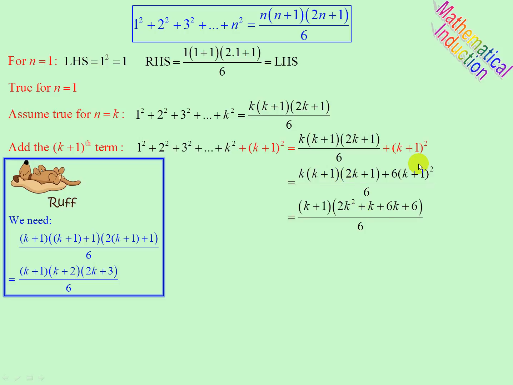Notice k plus 1 comes out, so we have k times 2k plus 1 left, and we have 6 times k plus 1 left. Now we're going to simplify that bracket. Now looking at that bracket, is it the same as that? Yippee!